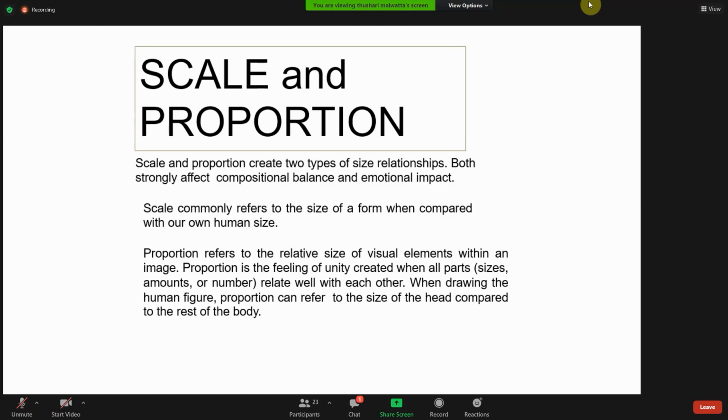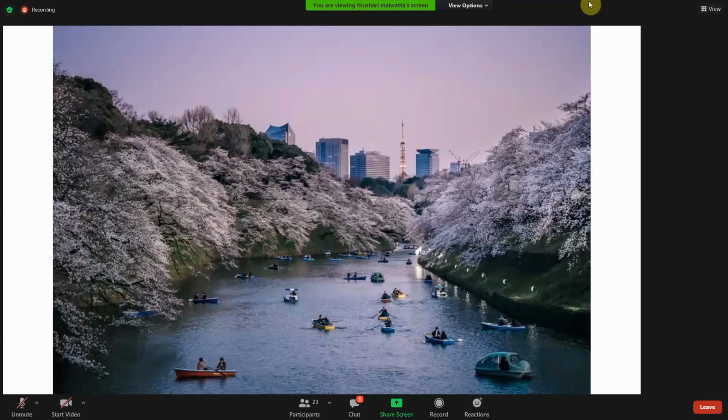Like you may have 9 heads, 6 heads, 7 heads proportions. I think you already have an idea of what proportion is. We'll see how it is used in pictures.